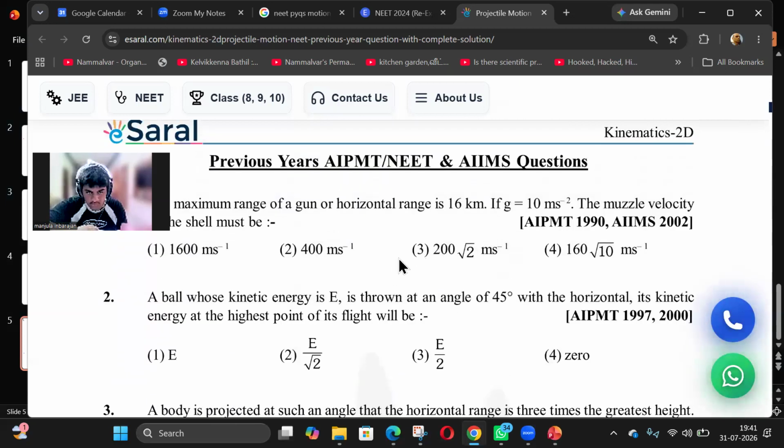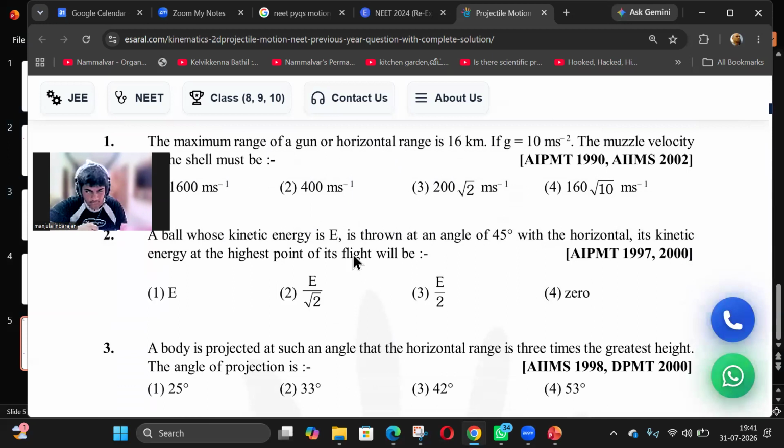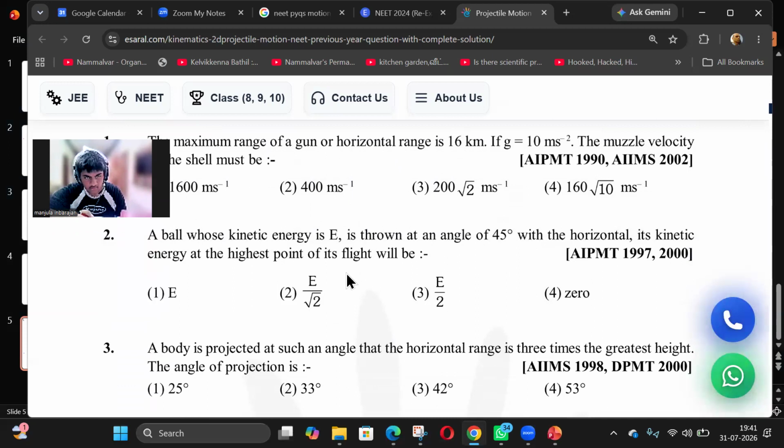We'll do another one. Done? Yeah, it is 400 now. The first one, no. Second question, the kinetic energy thing.